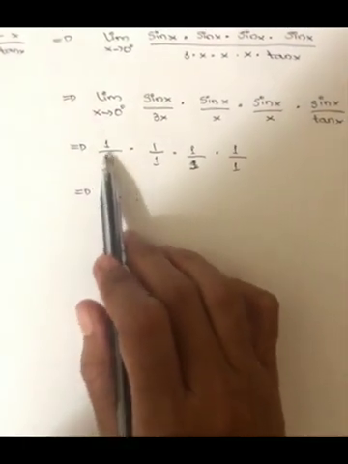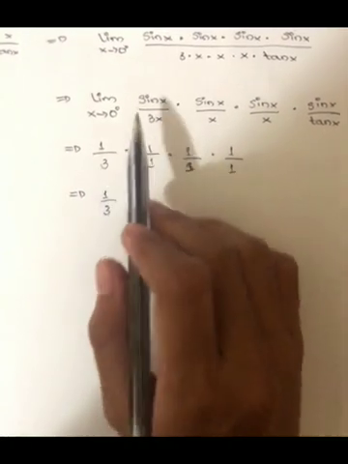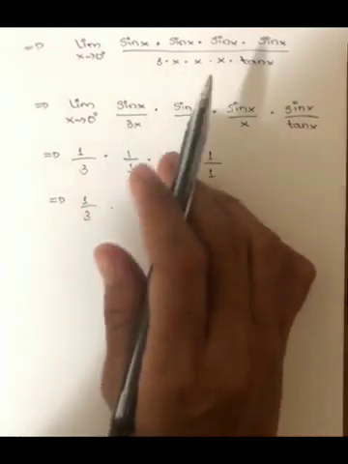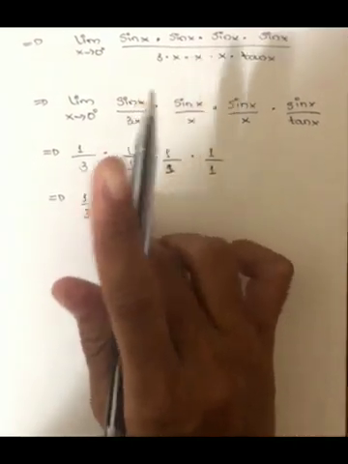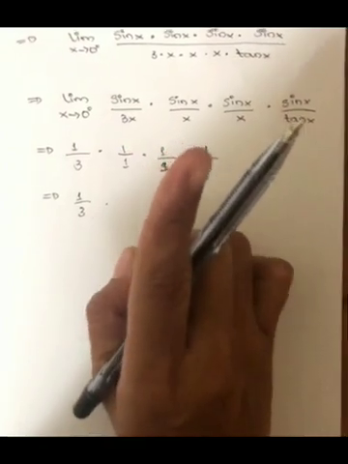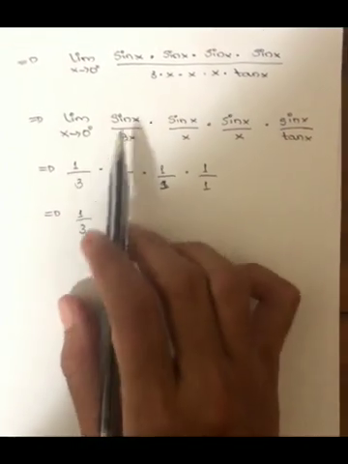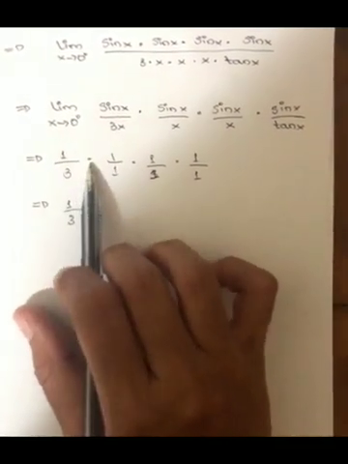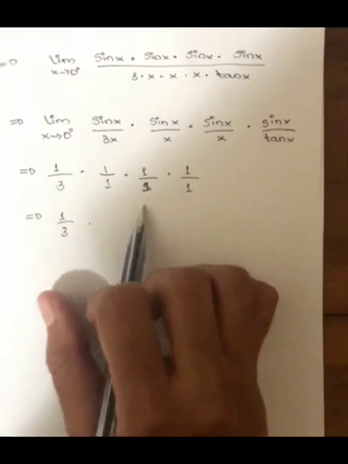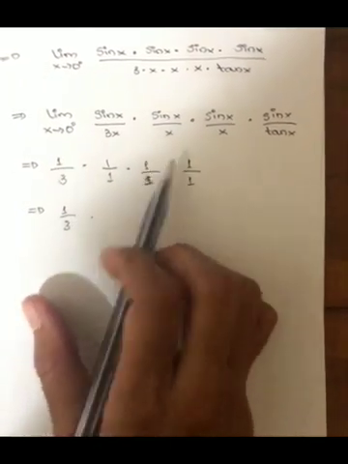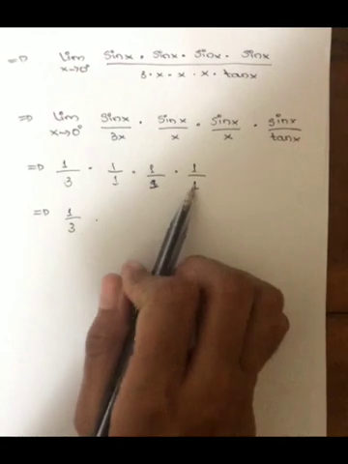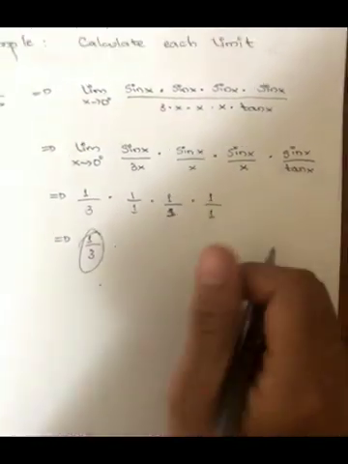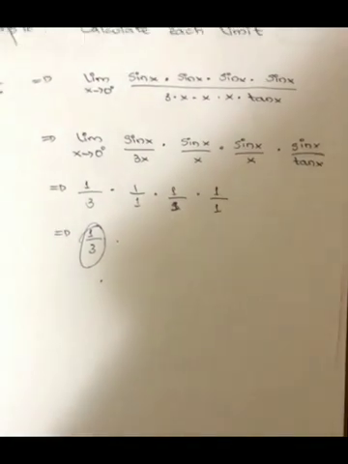The 1 over 3 comes from the coefficient in front of the variables. All the other variables have coefficient 1. So it is 1 over 3 times 1 times 1 times 1. The numerator is 1 times 1 times 1 times 1, which is 1, and the denominator is 3 times 1 times 1 times 1, which is 3. So the result is 1 over 3. Hope you can understand. Good luck.